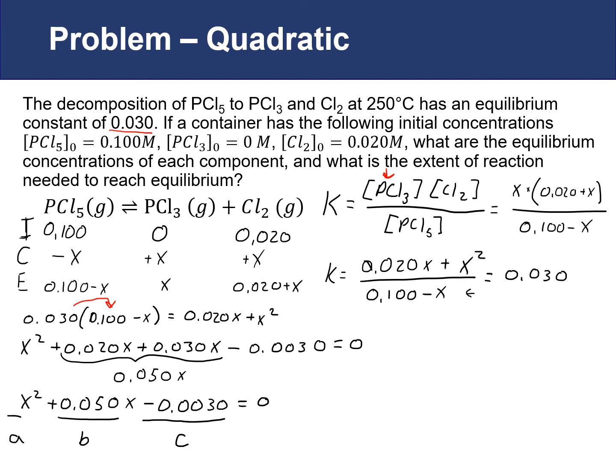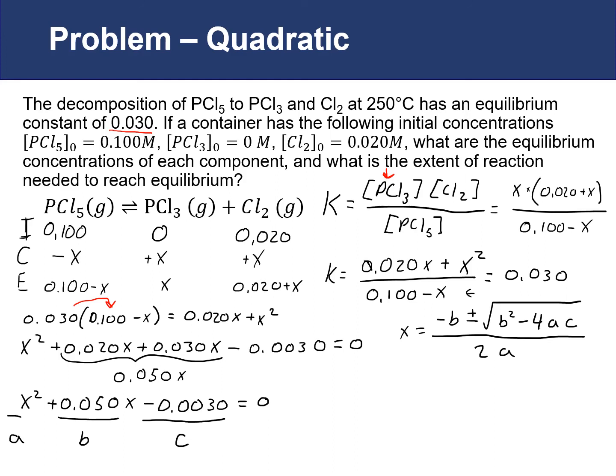Our quadratic equation is x is equal to negative b plus or minus the square root of b squared minus 4 times the quantity a times c, that whole thing all over 2 times a.